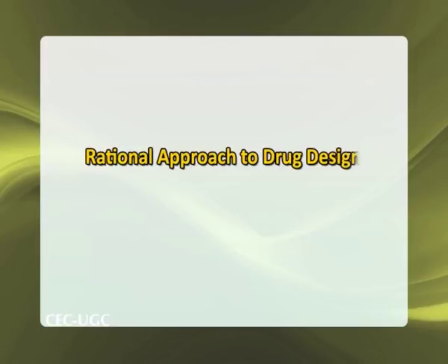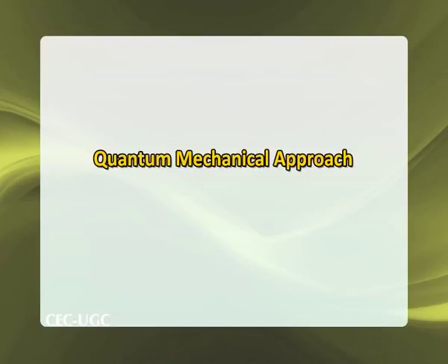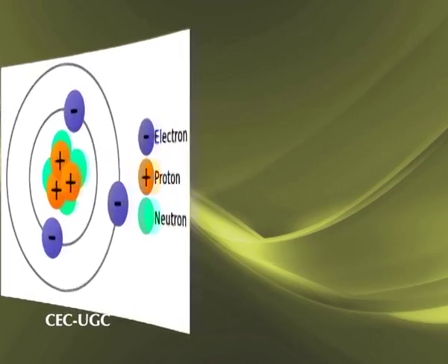Rational approach to drug design. A rational approach to drug design may be viewed from different angles, namely quantum mechanical approach. Quantum mechanics or wave mechanics is composed of certain vital principles derived from fundamental assumptions describing the natural phenomena effectively.